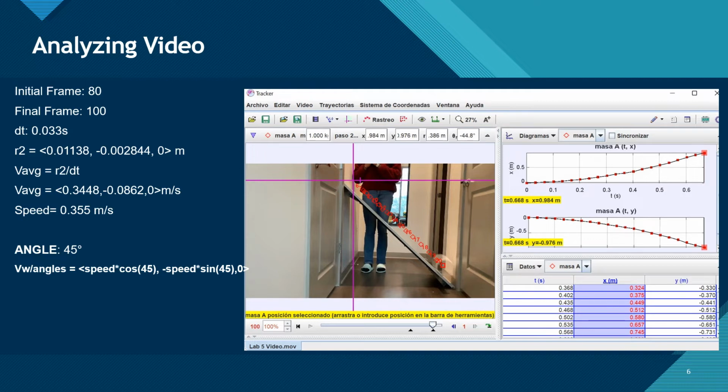In order to get the speed, which in this case we will count as our hypotenuse to calculate our change in velocity, we take the average velocity divided by time and we get that the speed is 0.355. And now to get the change in velocity, we just take that magnitude and multiply it by our cosine and our sine respectively, making sure that our y component is negative because we're moving down the y axis.